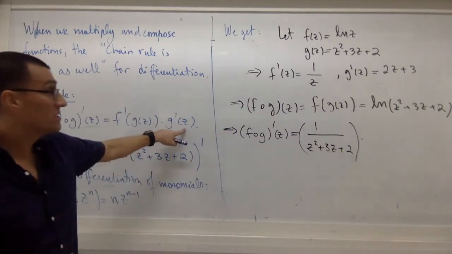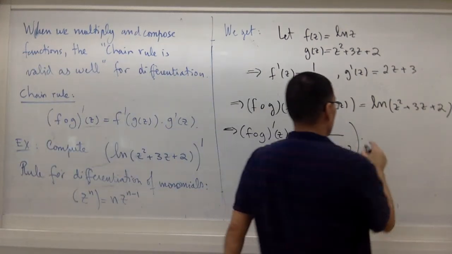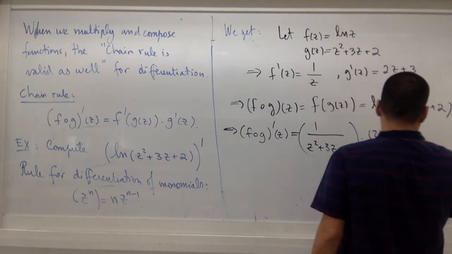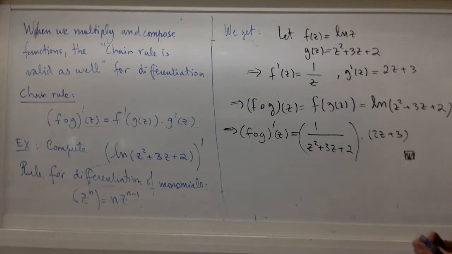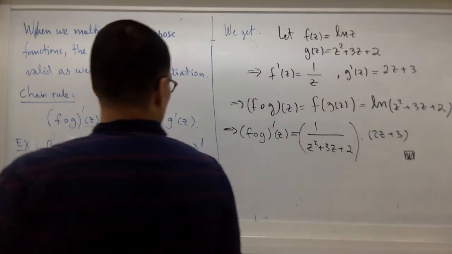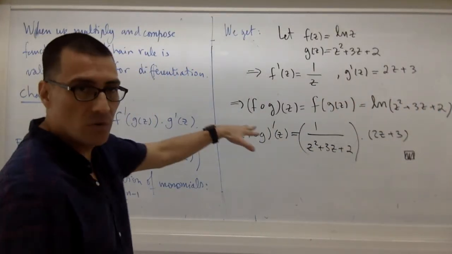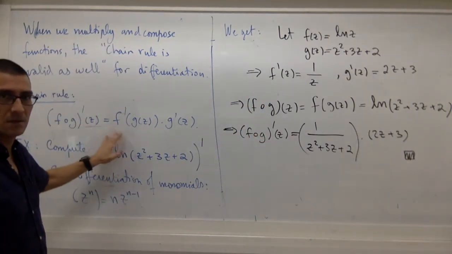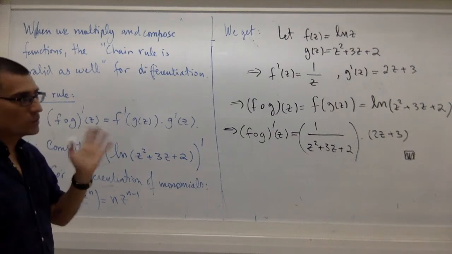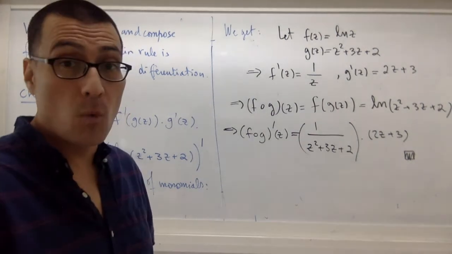Times g prime of z, which is 2z plus 3. So again, I'm not going to go back to calc 1, right? But this is what you do actually. You don't need to do that, right? It's just an explanation of the chain rule. But this is what we did back in calc 1 or calc 2.